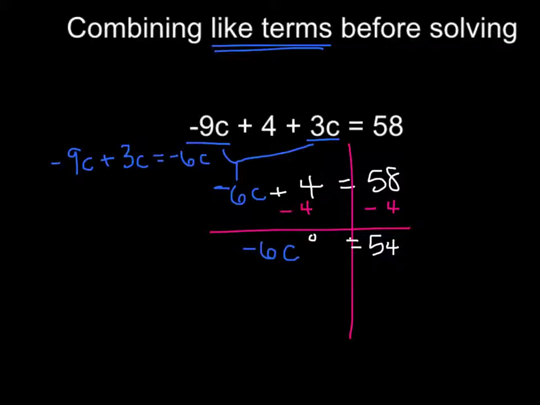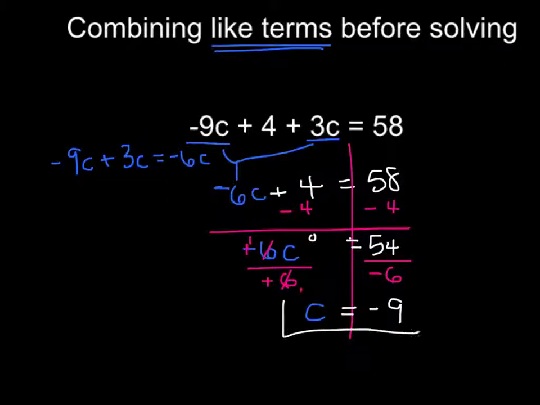So now we need to undo our negative 6 multiplied by c, so we can divide by negative 6. I'm showing us the fraction version again. We can simplify this. A negative divided by a negative will get us a positive, and 6 divided by 6, that'll get us 1 every single time. So we have 1c is equal to 54 divided by negative 6, we get negative 9.